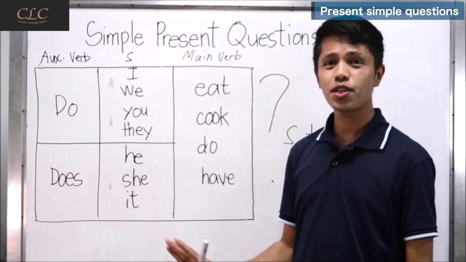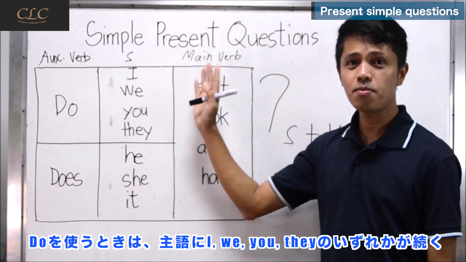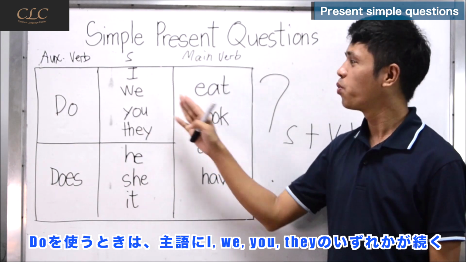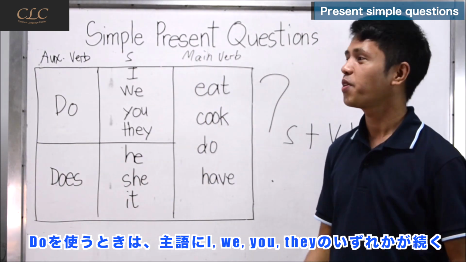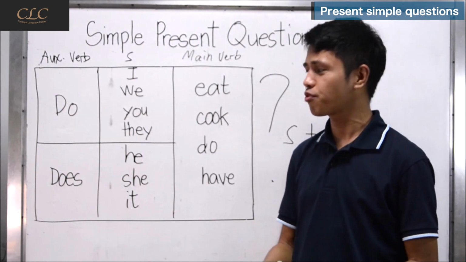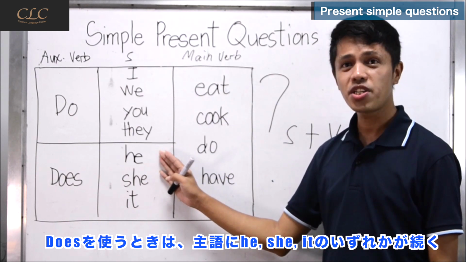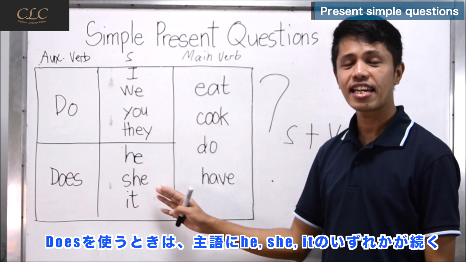If we're going to use the auxiliary verb do, we must have the subject I, we, you, or they. And if we're going to use the auxiliary verb does, we should have the subject he, she, and it.